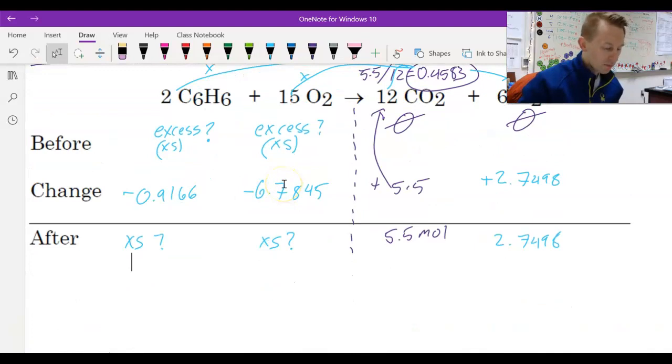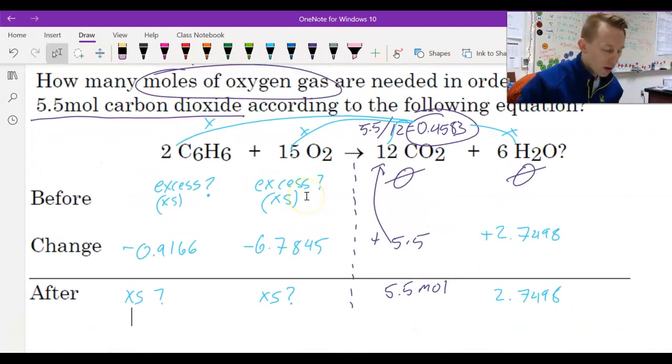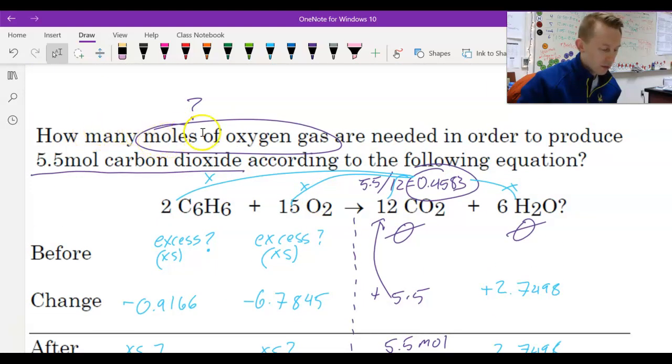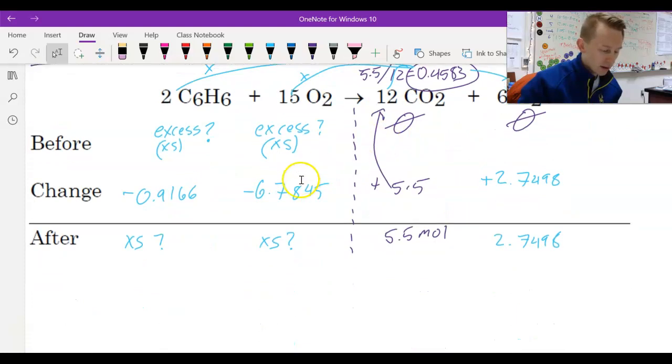But what we know, and this might be interesting, is that we need at least this much O2 and this much C6H6 in order to make 5.5 moles. And the question says, how many moles of oxygen gas are needed? Well, this right here tells me how much is needed.